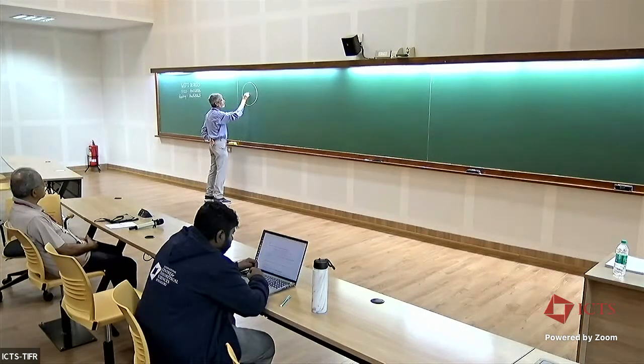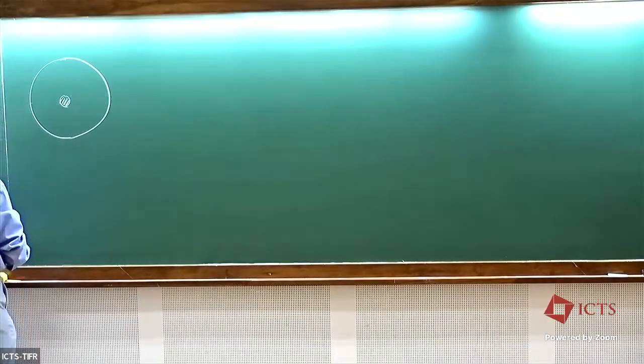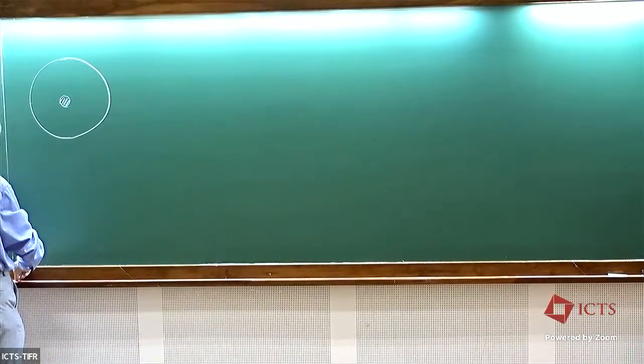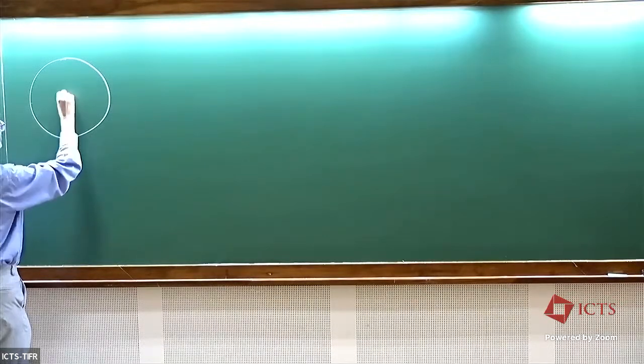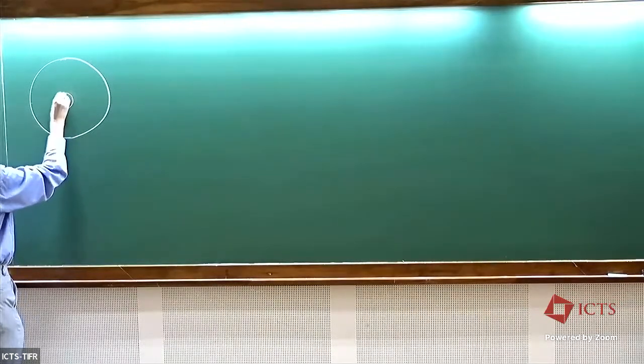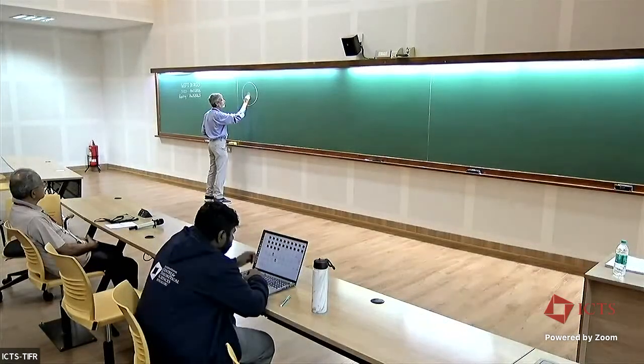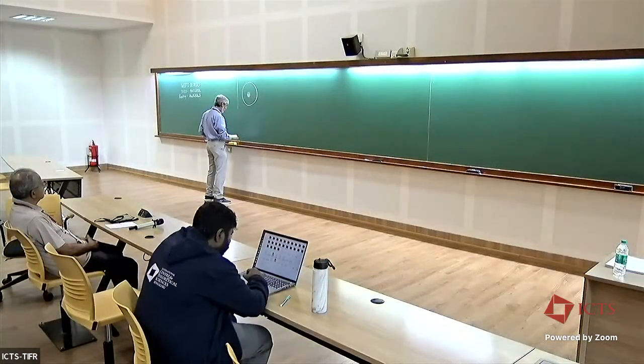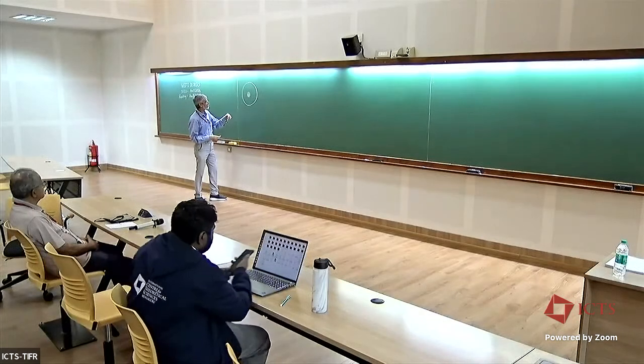So we had a star where a little bit at the center is the core, and you have a surrounding nuclear burning portion, which is the shell.